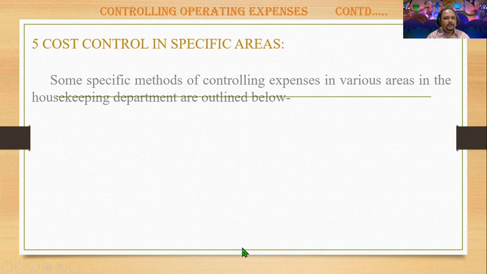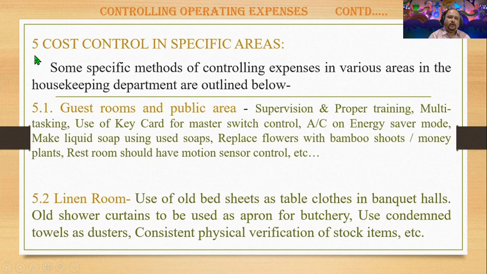Now let us come to the fifth point and the last point that we will discuss about controlling operating expenses. The fifth point is cost control in specific areas. Some specific methods of controlling expenses in various areas in the housekeeping department are outlined below. 5.1, guest rooms and public area.